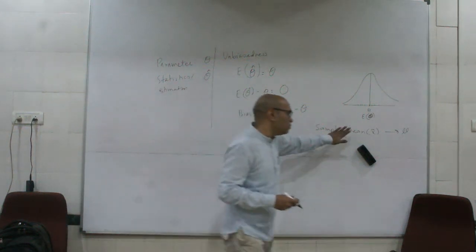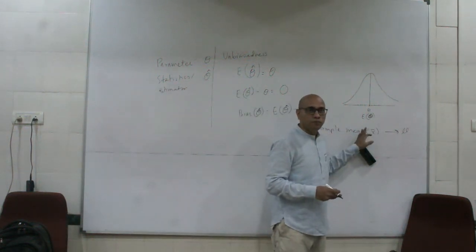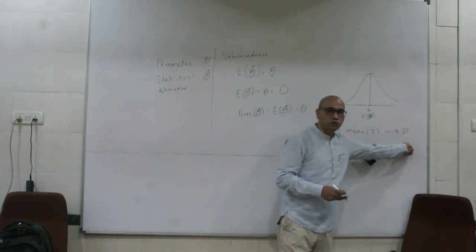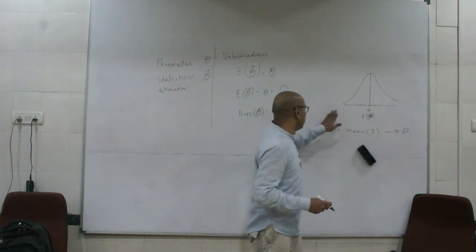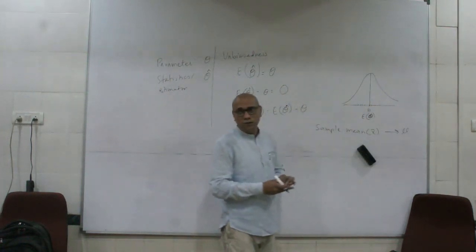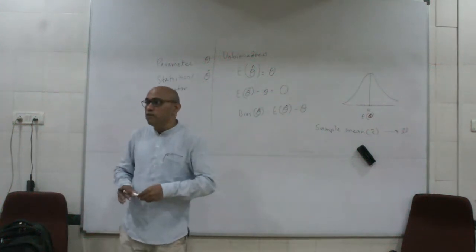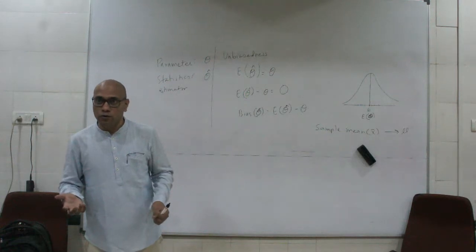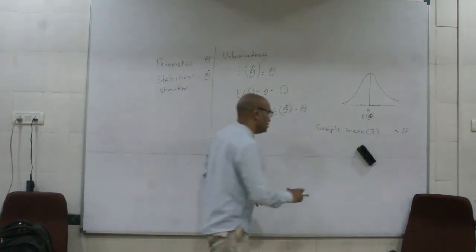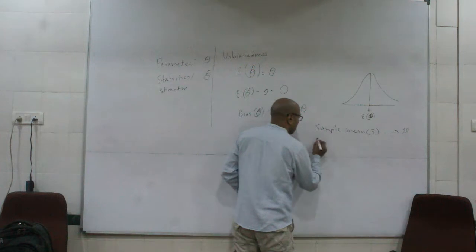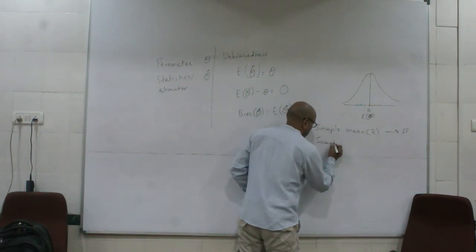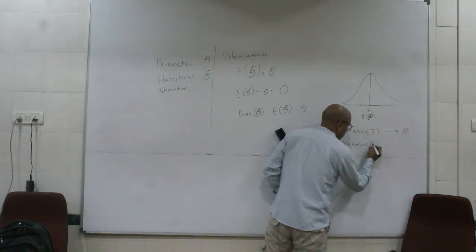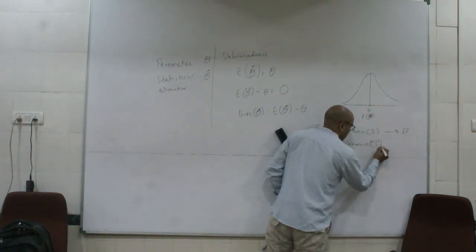So if I take all possible sample means and take an expectation of those sample means, then that would be equal to mu. That is, expectation of theta hat is equal to theta. Now, one of the very well known biased estimators of the population value is sample variance, or S square.